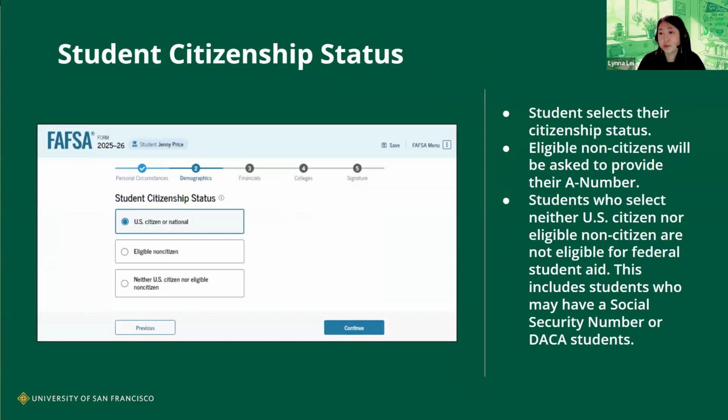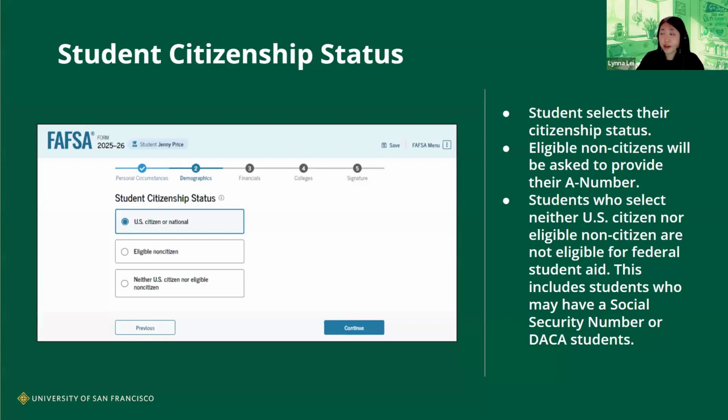Eligible non-citizens will be asked to provide an A number, and students who select the third option, which is that they're neither U.S. citizens nor eligible non-citizens, are not eligible for federal aid. Students who may select that option could be students who have a social security number through DACA.